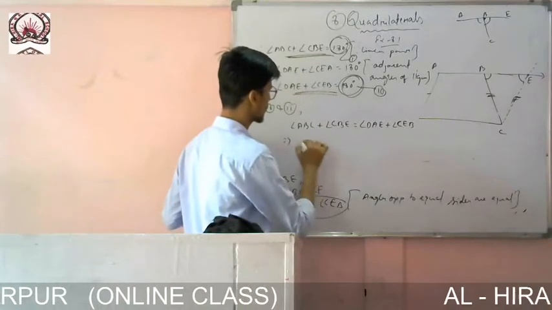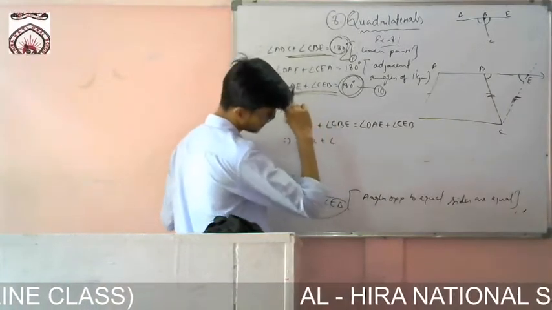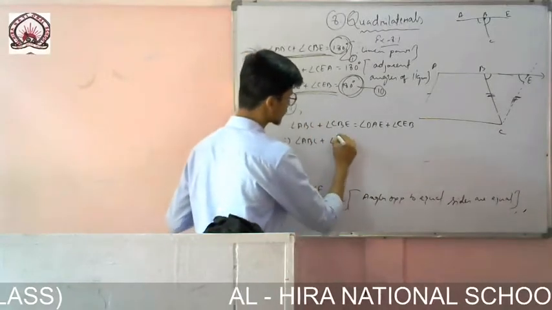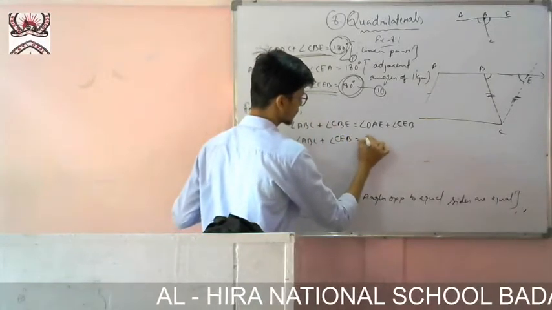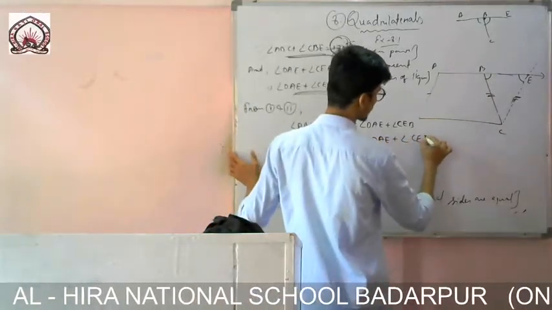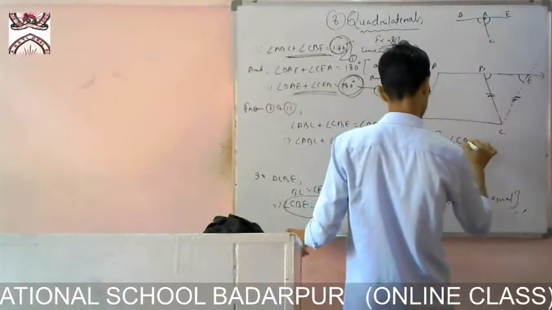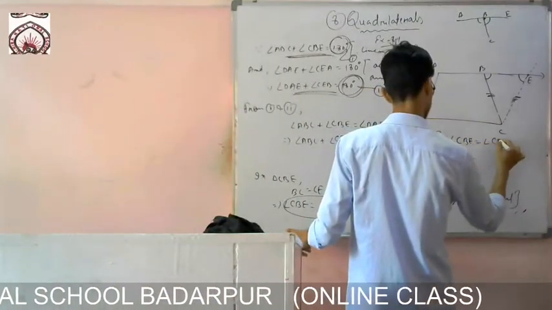So angle ABC plus angle CBE, which I can write as angle CEB, equals angle DAE plus angle CEB. There you can write, since angle CBE is equal to angle CEB.